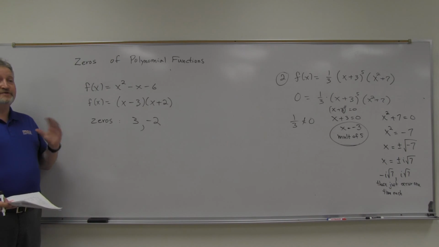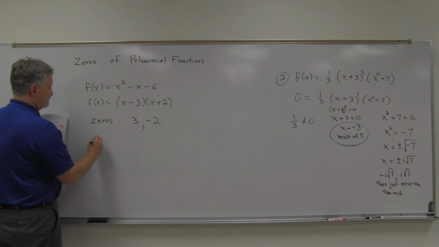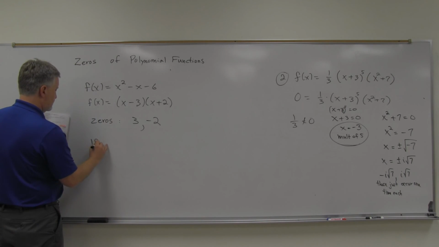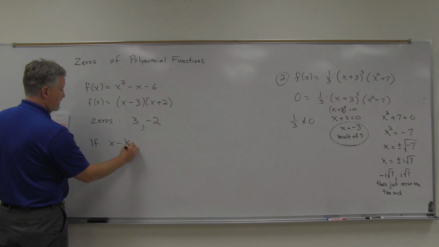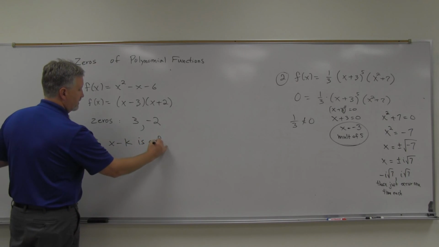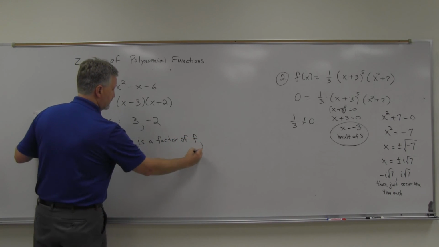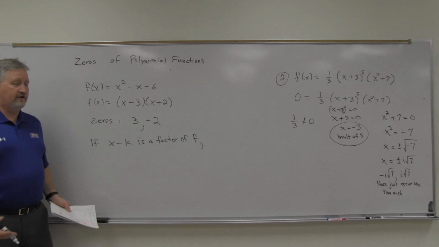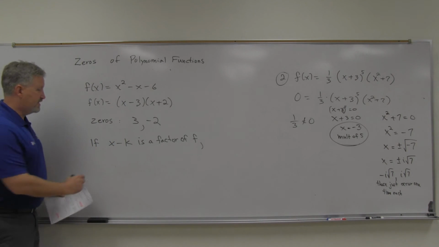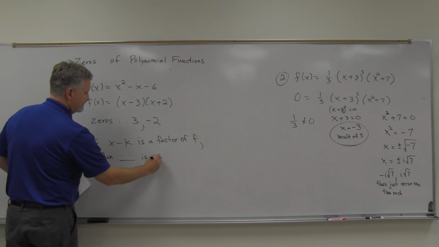Well, notice this linkage here. If x minus k, let's say, is a factor of f, if x minus a number is a factor of f, then what is a 0?